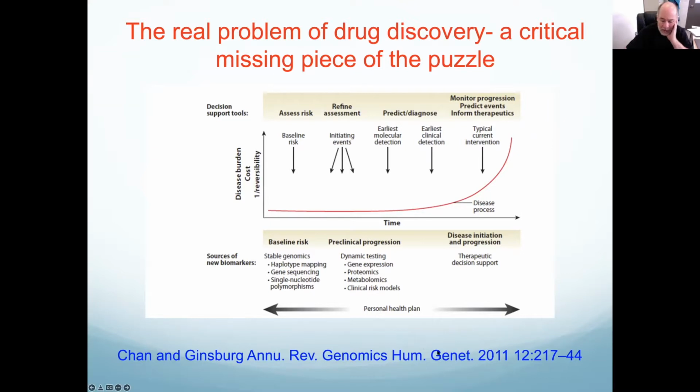I know this slide is focused on the genomic aspects, but what we're interested in is actually tracking the disease evolution itself.